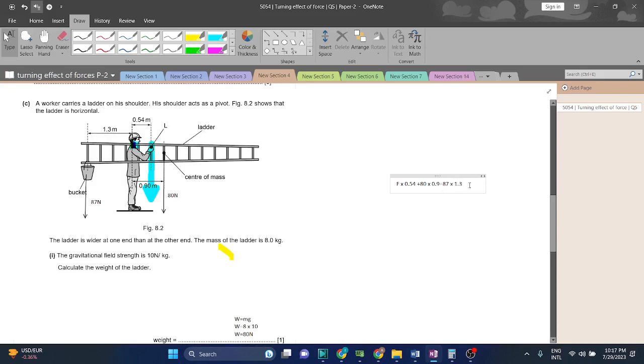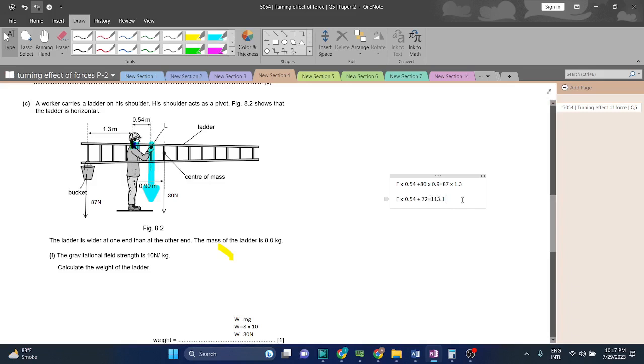Very simple question. If you do the math, we get F into 0.54 plus, if we multiply 80 into 0.9, we get 72, is equal to what we found earlier, 113.1.